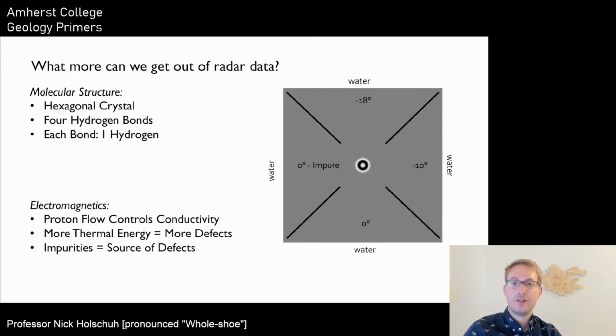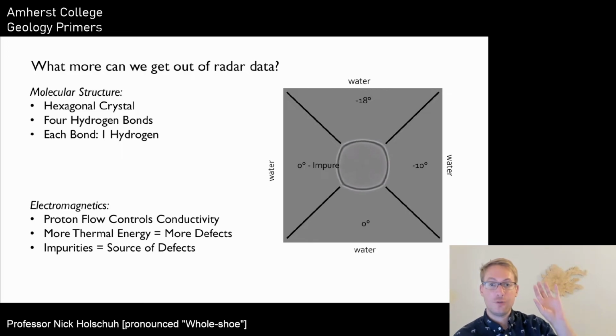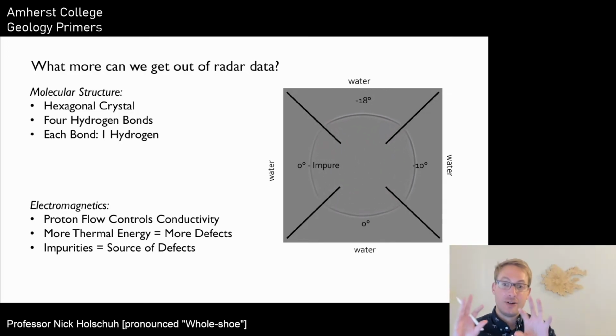So if we send out an electromagnetic wave into very warm, impure ice, ice that's just at the melting point but pure, or ice that's very cold, what we see is that when a wave goes out into ice that's very cold, more energy comes back to us, because less of it is lost to current in the ice. If we send a radio wave out into very warm ice, then more energy is lost and we get less back at the instrument.